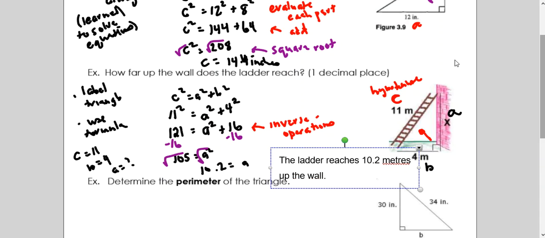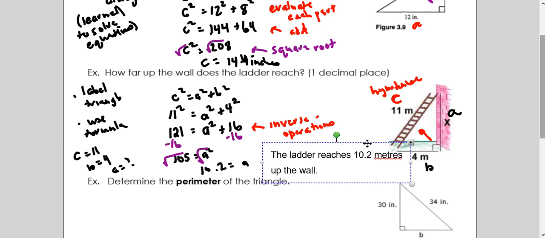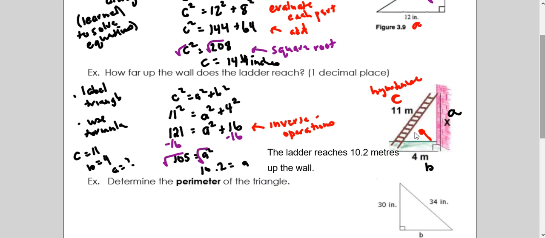This answer makes sense because, which one's my longest side? This is still my longest side. 11 is still longer than 10.2 and 4. That's good. So keep that in mind when you're solving problems with Pythagorean theorem: do a check to see, does that make sense?